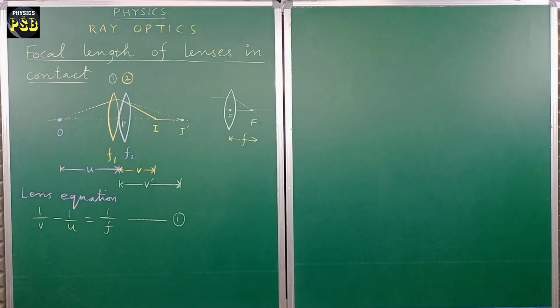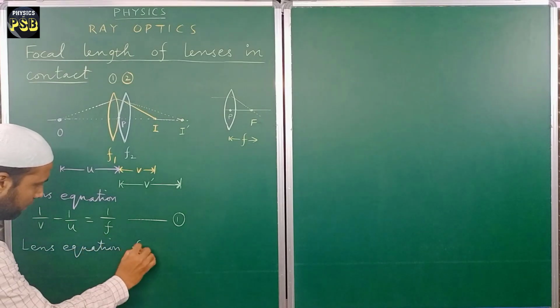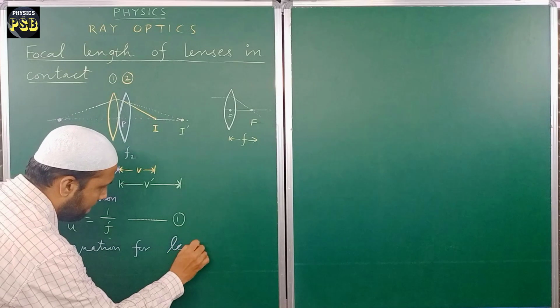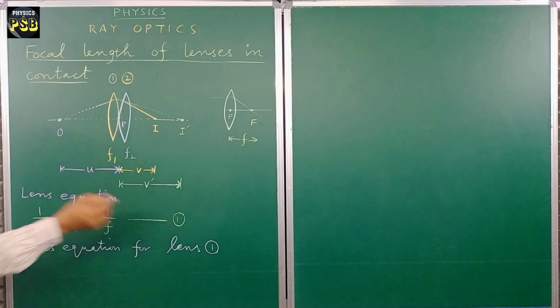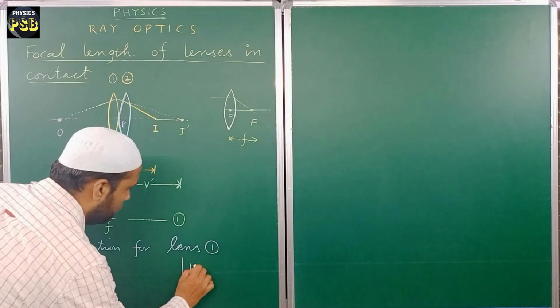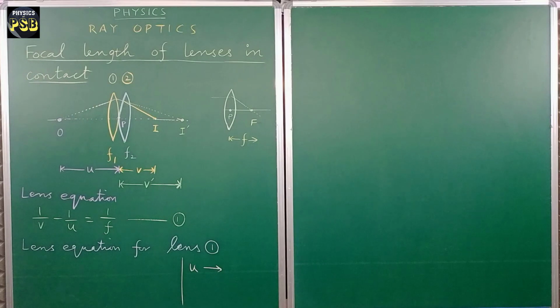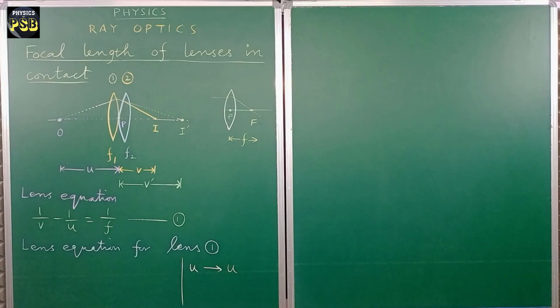Now I am going to write the lens equation for the first lens. Here, you see, in this case, for the first lens, the object distance is taken as u, whereas the image is found to be produced at point I dash.